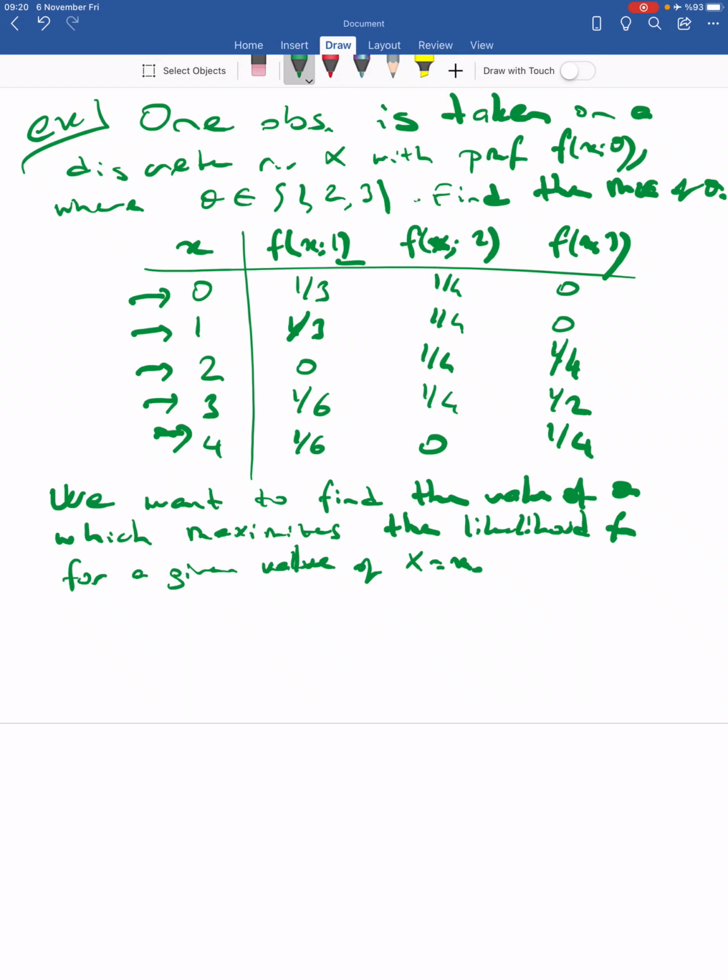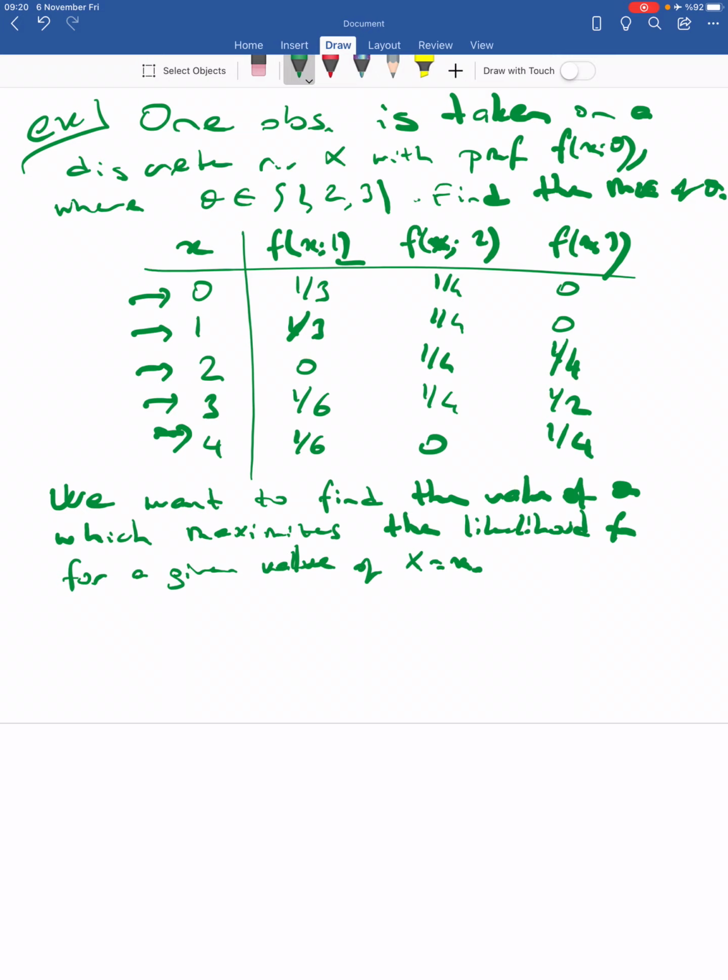When theta is 2, they are 1 over 4 and so on, and the last one is 0. These are the plausibility, or likelihood, of obtaining the parameter values 1, 2, 3 for a given sample.